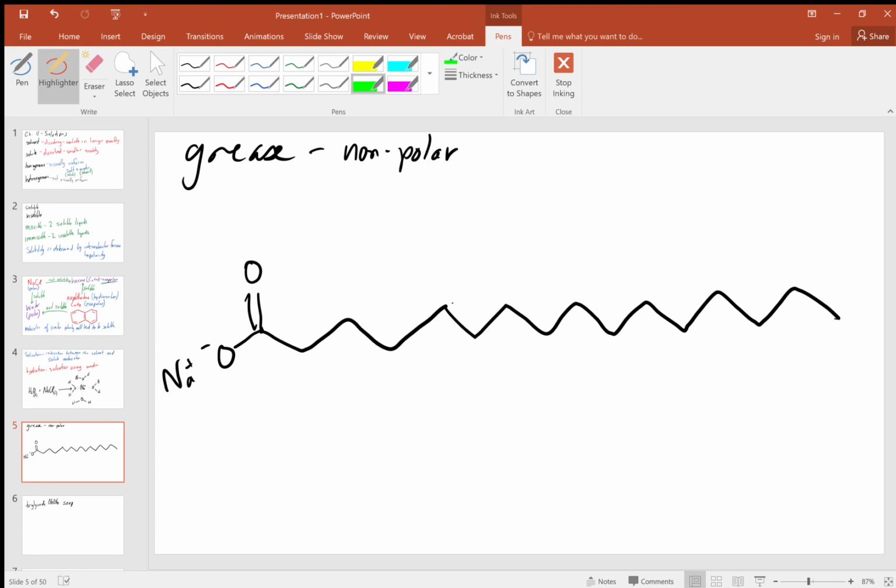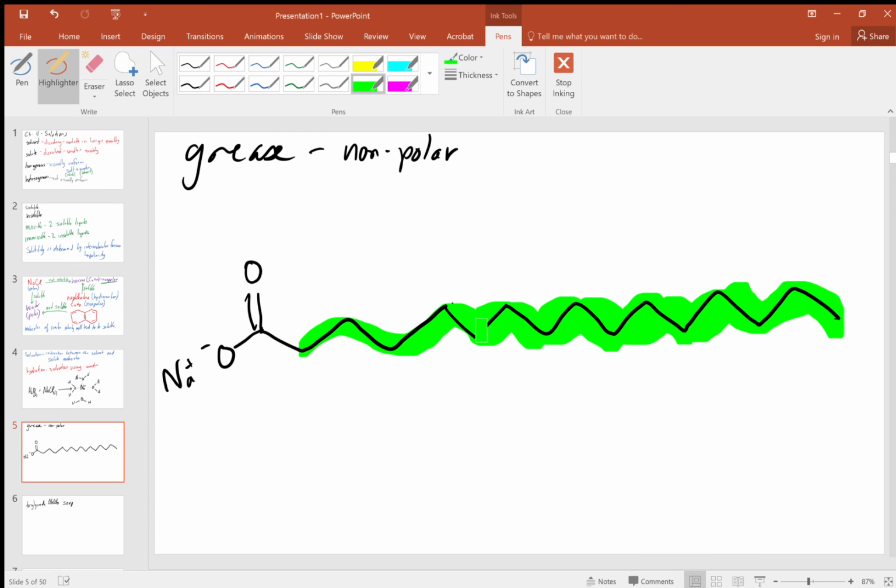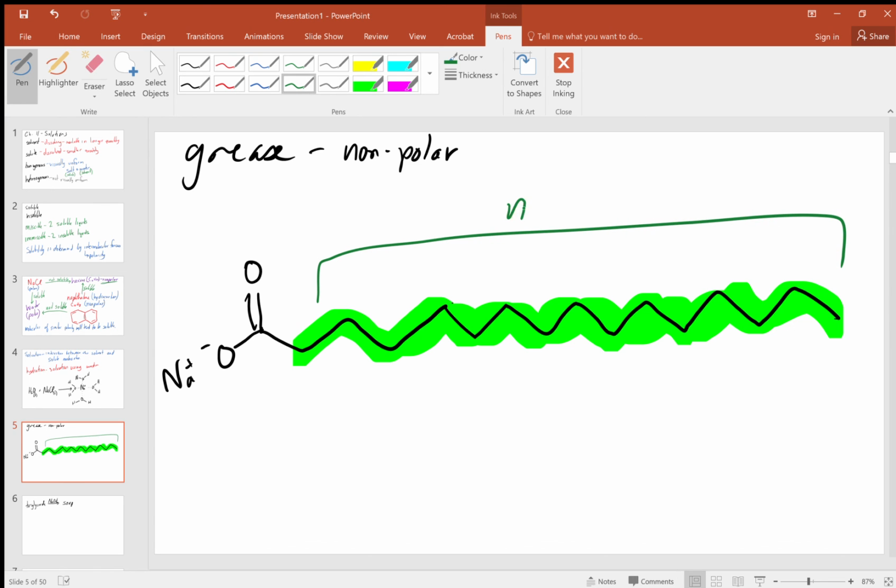Well, what happens with soap is that you have this long hydrocarbon chain. This entire section is nonpolar. And so what this nonpolar end of the molecule does is it attracts all of the oils off of your hands.